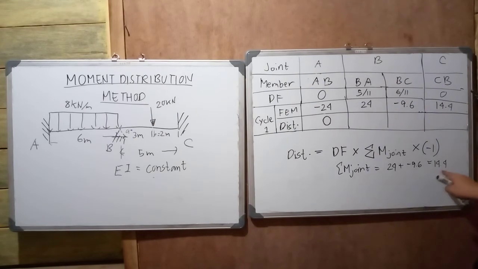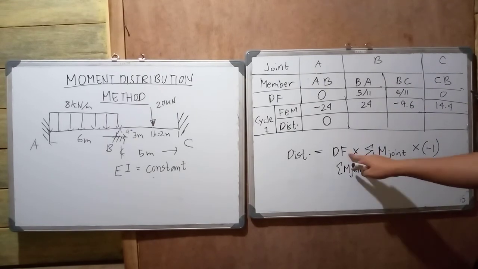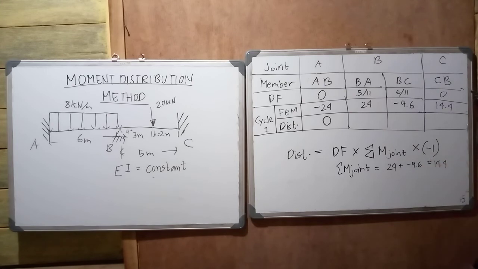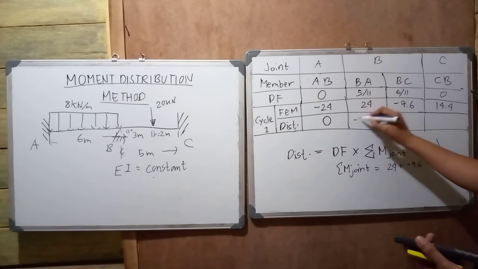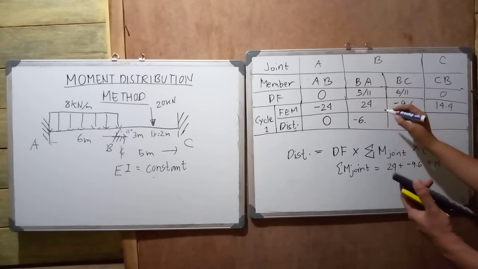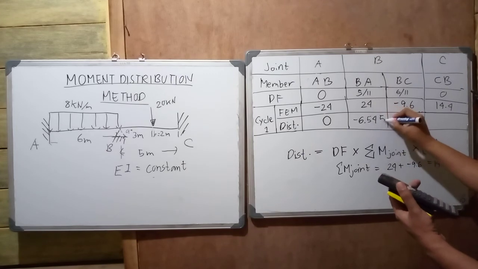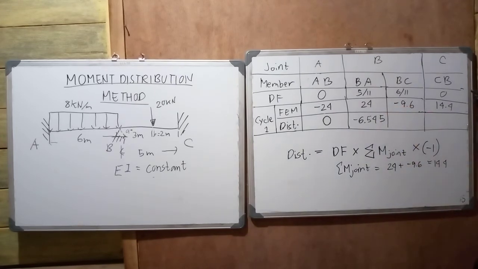Kay BA, 14.4 times distribution factor, which is 5/11. Okay? 5/11 times negative 1. So, therefore, meron kang value na negative 6.545. Okay? Yan.